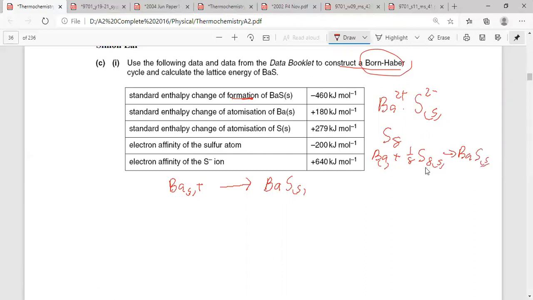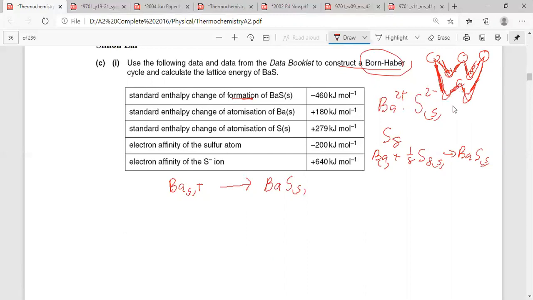Sulfur is in this form, like a crown, in your AS. Sulfur has 8 atoms: 1, 2, 3, 4, 5, 6, 7, 8.